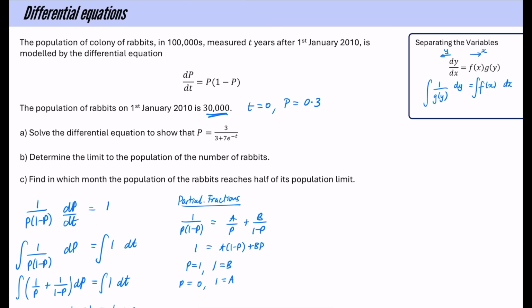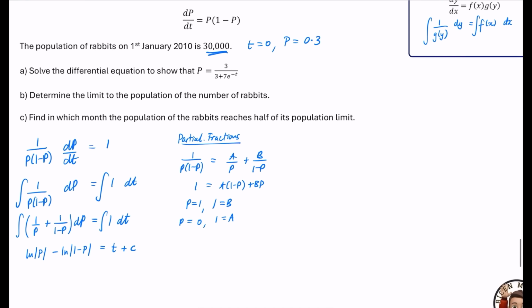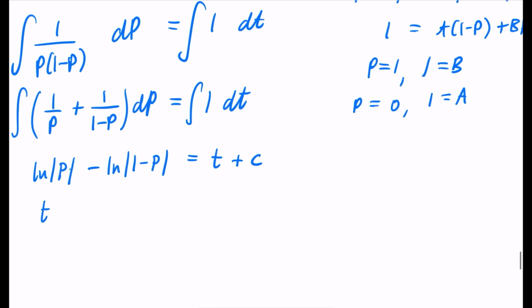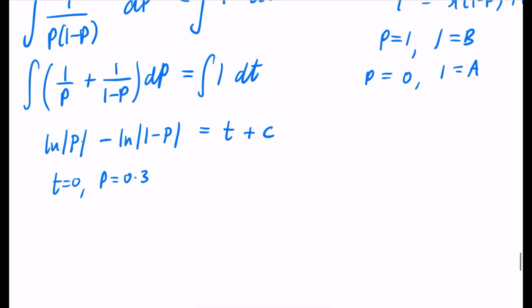So I'm going to use this information, that when t is 0, p is 0.3. So this is the ln of 0.3 minus the ln of 1 minus 0.3 is equal to 0 plus c. So c is, remember with ln's, you can do them as a division, the ln of 0.3 over 0.7, which is the same as the ln of 3/7.